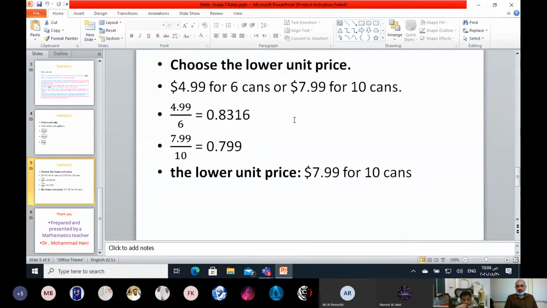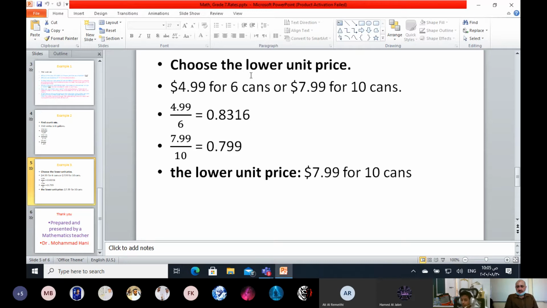If I go to a supermarket and pay $4.99 for 6 cans, or $7.99 for 10 cans, what is the best price? How to choose between two offers?